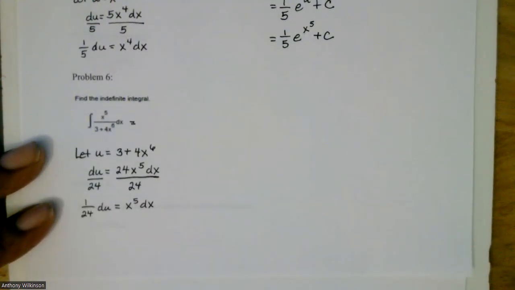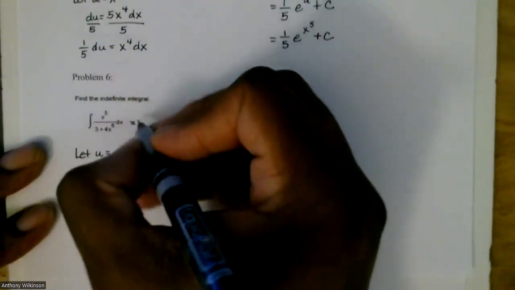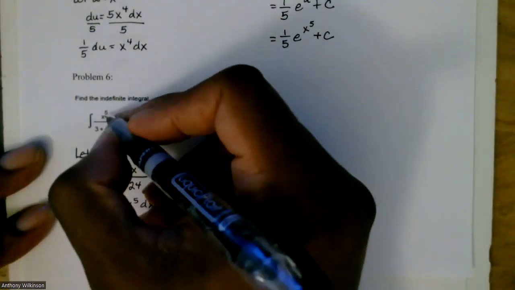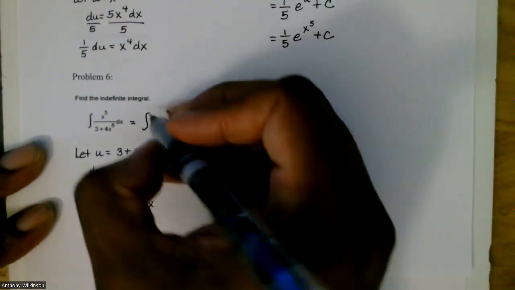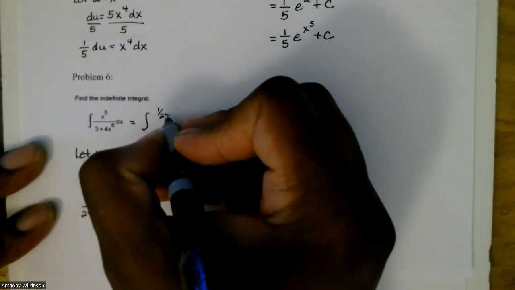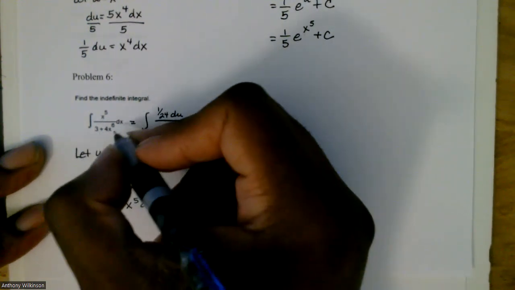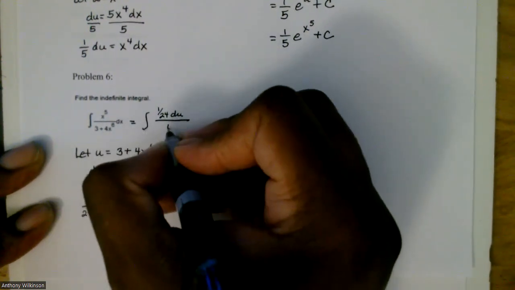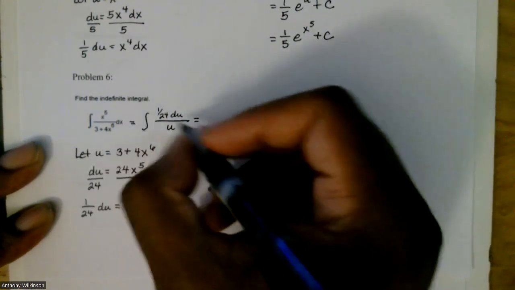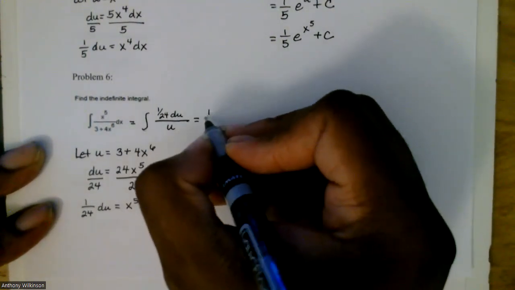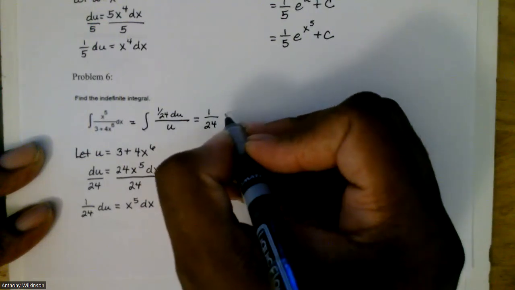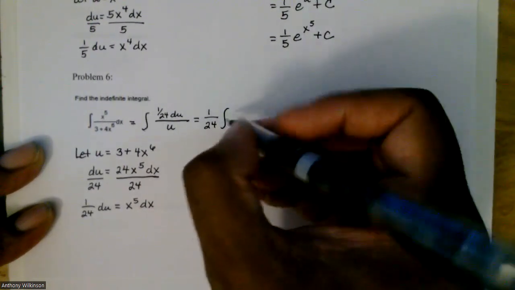So now let's do our substitution here. We know the integral of x to the fifth dx is this 1 over 24 du. That'd be divided by 3 plus 4x to the 6. That's what u is going to be equal to. Now, since 1/24 is a constant, I can pull the 1/24 in front of the integral sign.